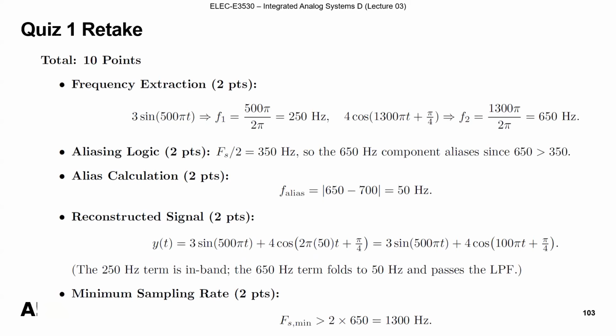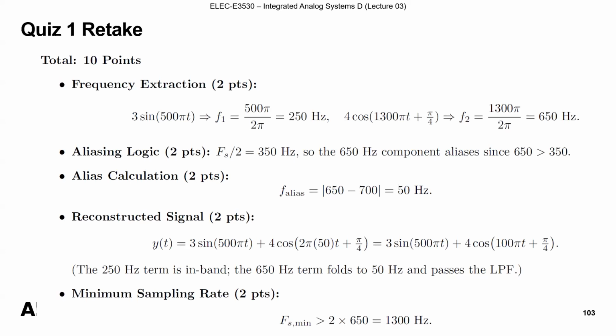And the reconstructed signal: our first part, 500 pi t, goes as it is because there's no aliasing. And for the second part here, 650 hertz goes back to 50 hertz.